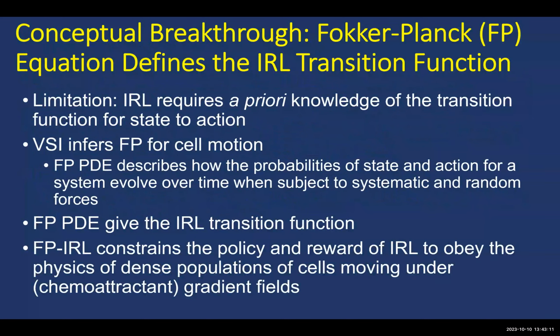But one of the major limitations for our concepts of cell migration is that in IRL, you need to know the transition function that governs all those transitions in state, policy, action beforehand. But Christian and Sid, working with Xuan, came up with a way that VSI can then infer and understand that transition probability through the Fokker-Planck equation.